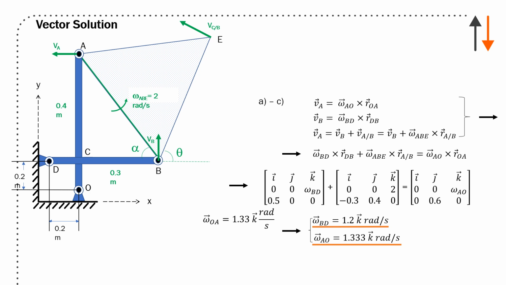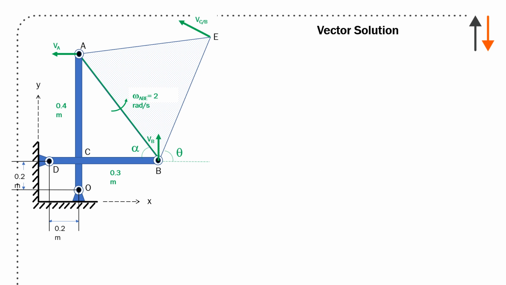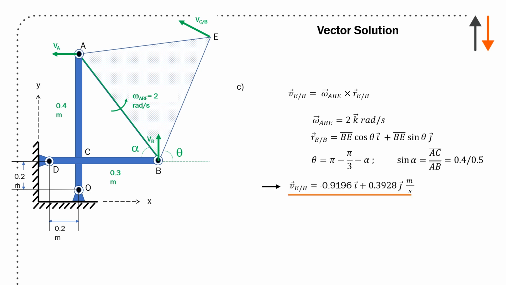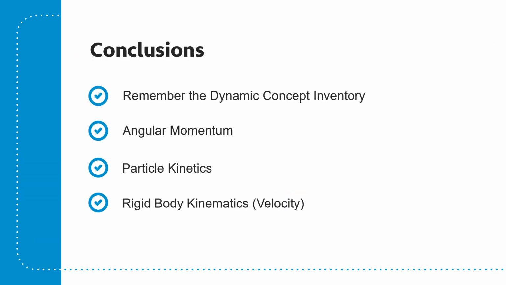And in one equation, you get out the whole solution. Again, my preference would be to solve it this way. I just find it easier. Velocity of E relative to B, you just, again, cross terms out. Everything works, same as before.